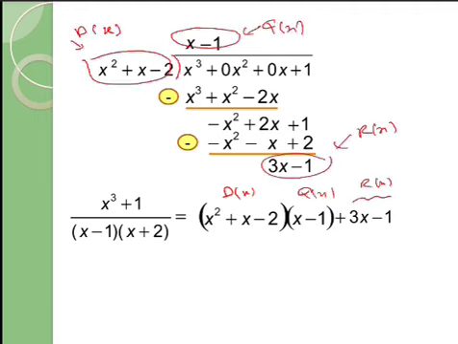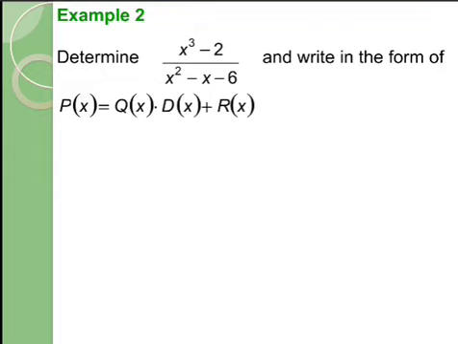Okay, now let's look at the next example. I want you to try this example out. Make sure your polynomial has all of the terms of all of the degrees. So let's say if this is x power 3, you have to include x power 2 and x power 1 term as well.